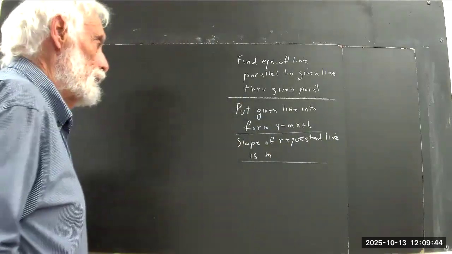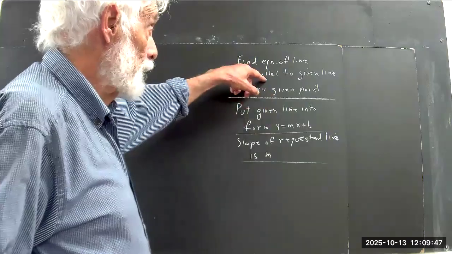The slope of the requested line is going to be m, because the line is parallel.